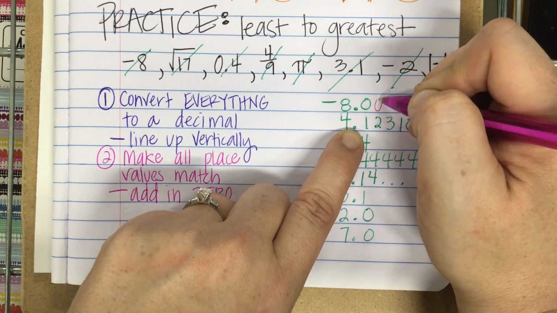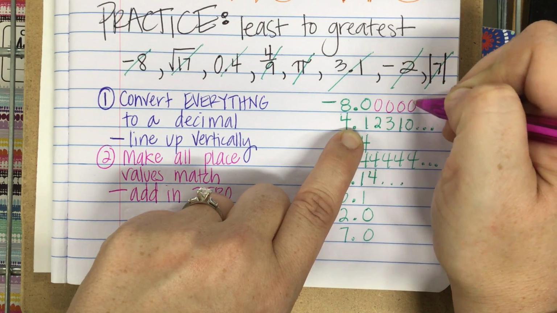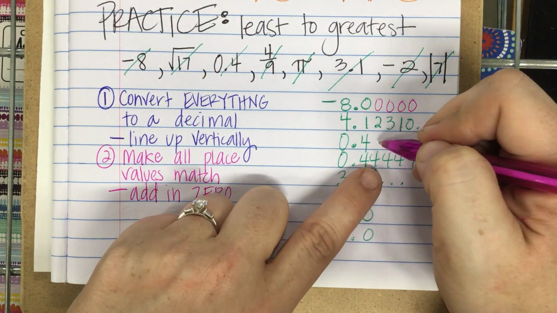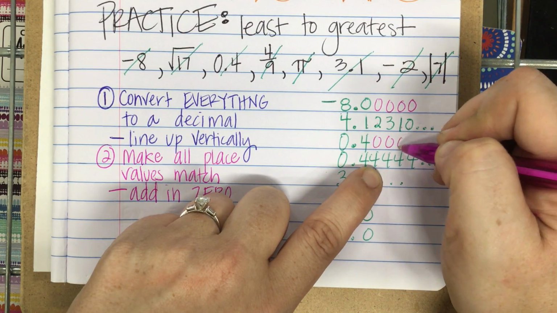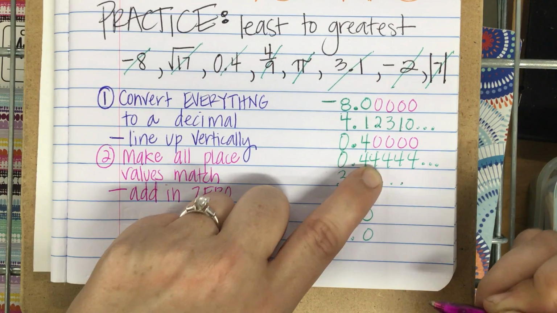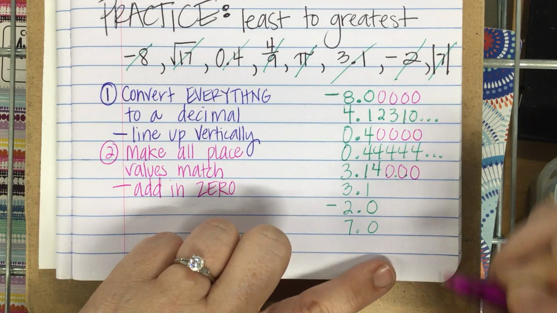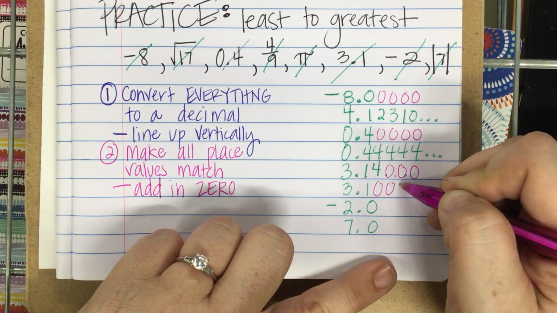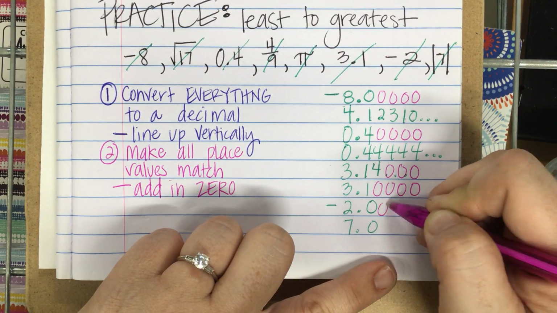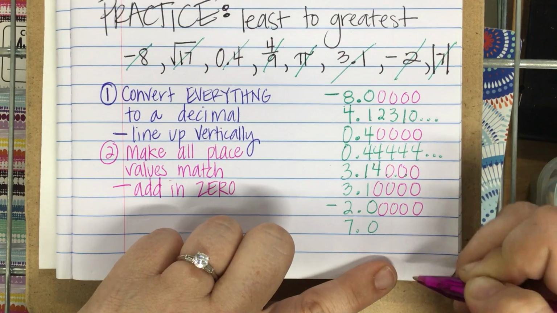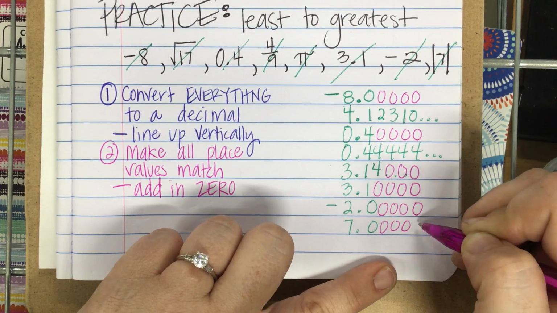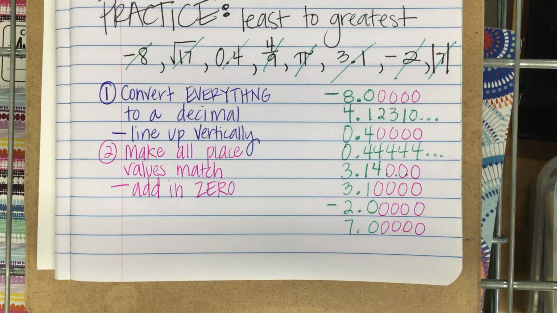I'm going to add in zeros, counting 1, 2, 3, 4 for each. We'll get really good at this, and you won't need to do this part because you'll be able to see it automatically. But right now, as we're learning it, this can be helpful.